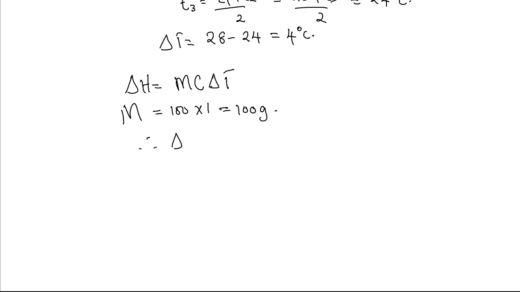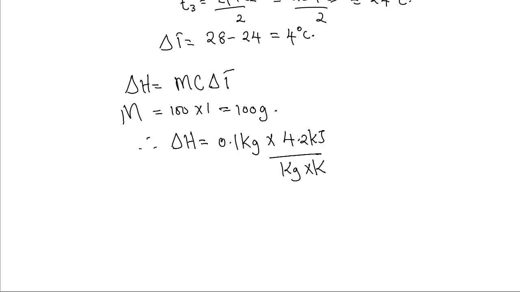Therefore, delta H is equals to 0.1, that is in kilogram, by 4.2 kilojoule per kilogram per Kelvin.